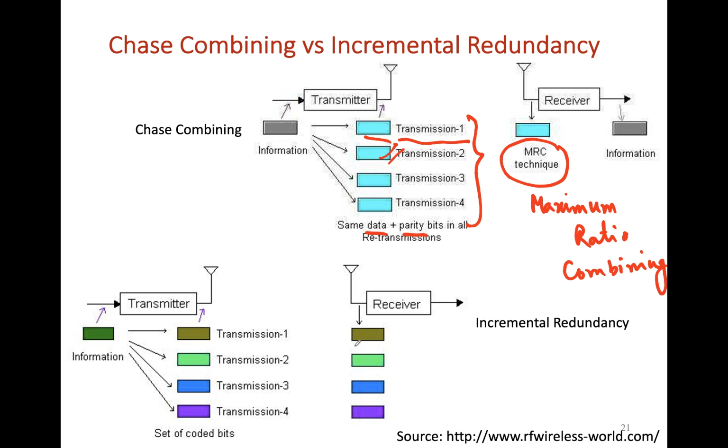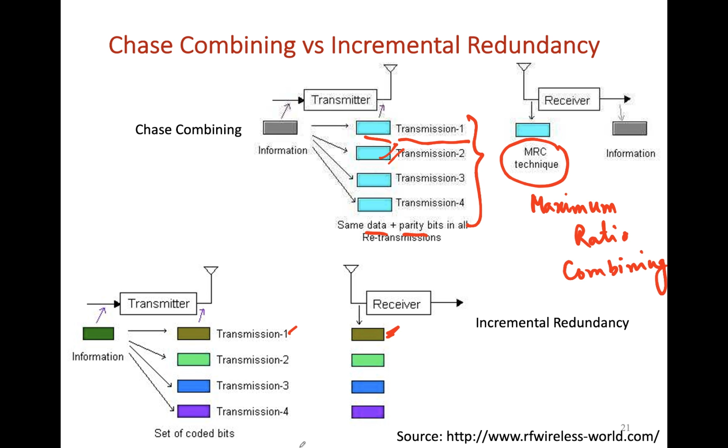In case of incremental redundancy, every time you try different things. So in transmission 1 you do some combination of coded bits. If there is an error, you do a retransmission. In the next transmission you just increase the redundancy a little bit, to see how it works.